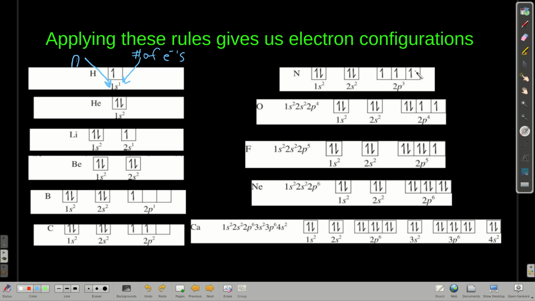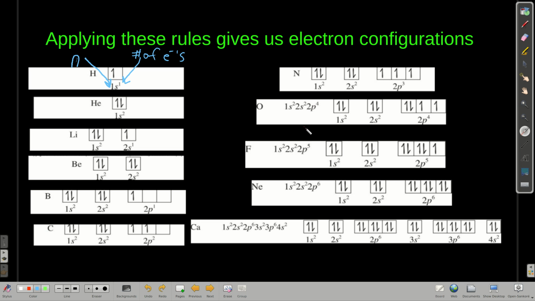And then nitrogen, Hund's rule again. Finally, with oxygen, we start pairing them up. And so this right here is how we write electron configurations, it's just shorthand for where the electrons are on that atom, which is really useful information. So oxygen has 8 electrons. Its electron configuration is 1s2, 2s2, 2p4.